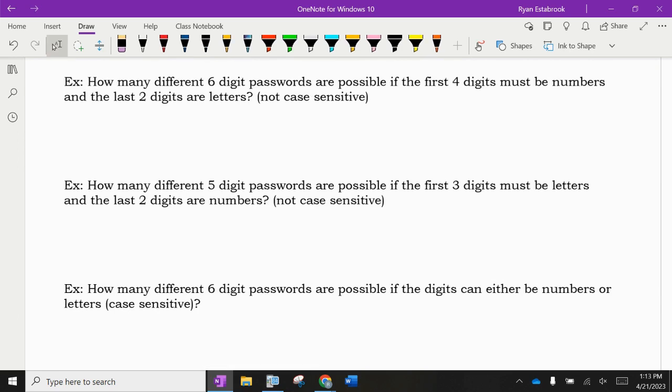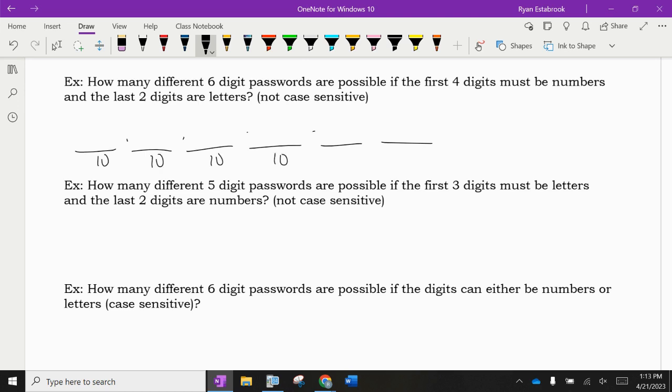Scrolling down, how many different 6-digit passwords, 1, 2, 3, 4, 5, 6, are possible if the first 4 digits must be numbers and the last 2 are letters? Again, not case sensitive. How many possibilities for the first spot? 10 times. Next one, 10 times. 10 times.